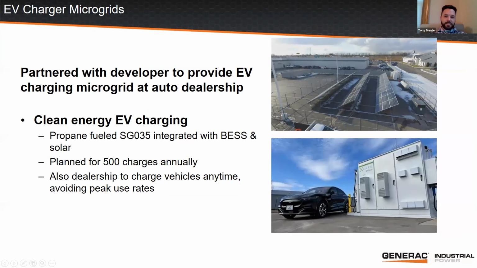And then I think this is the last example we wanted to talk through. This is an example of supporting the EV charging push, right? It's kind of the same scenario here. This is an off-grid microgrid downtown in a city at a car dealership that is using the microgrid to power EV chargers for the dealership.